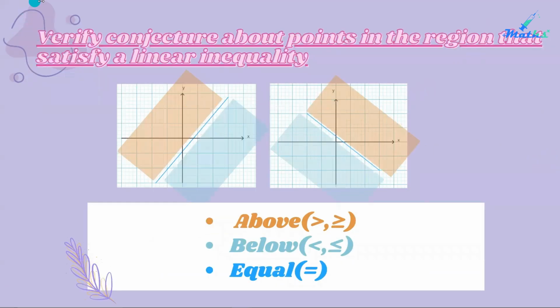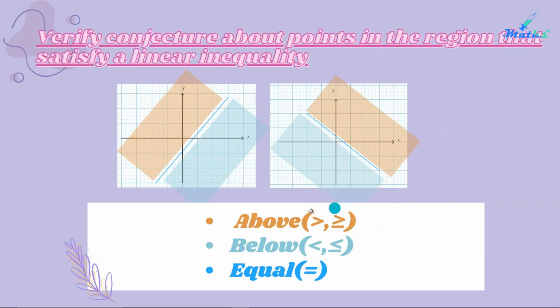Next we will learn about verifying conjecture about points in the region that satisfy a linear inequality. Let me explain this first. The area above the line is more than or equal to.